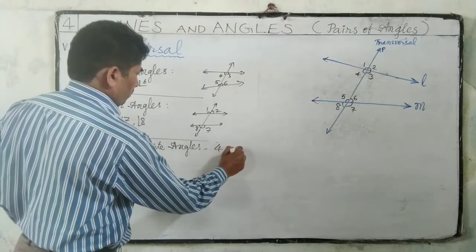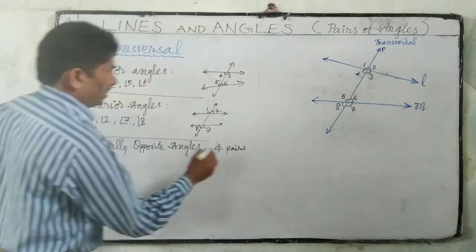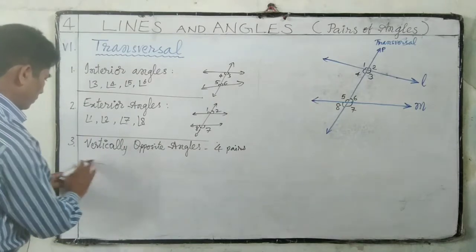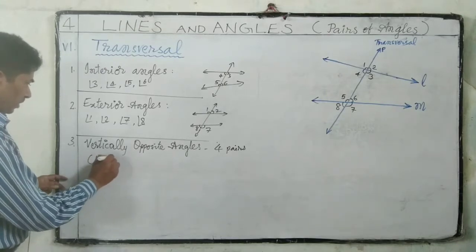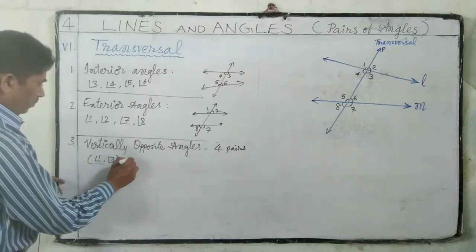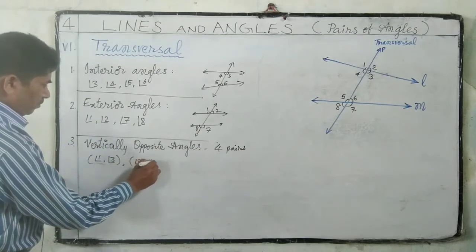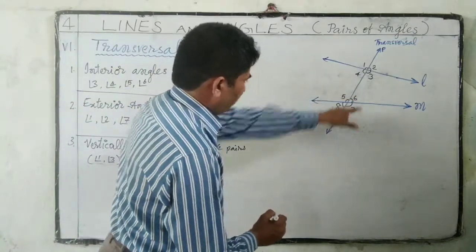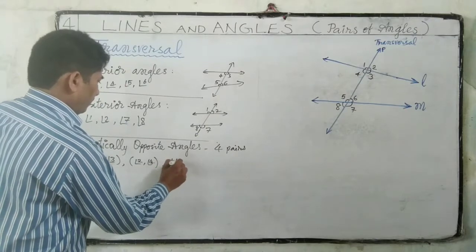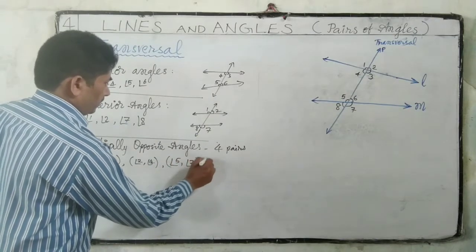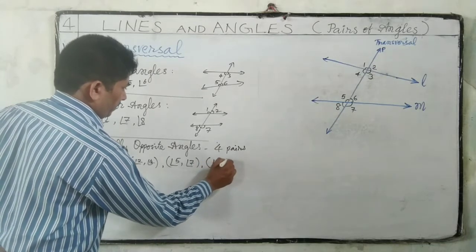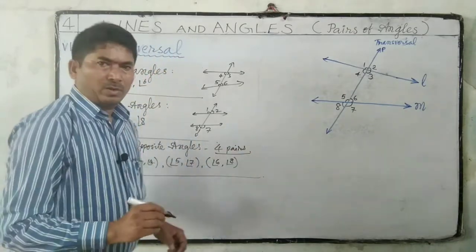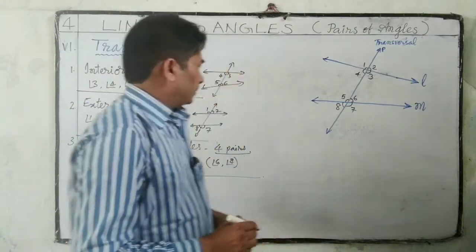They are 1, 3, 2, 4, next 5, 7, 6, 8. This total 4 pairs.